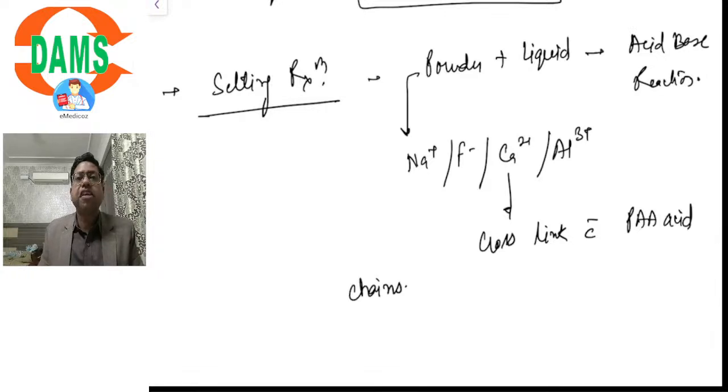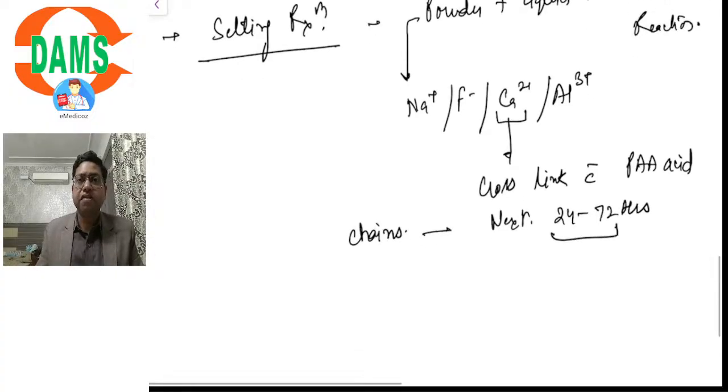The first set of reaction happens due to cross-linking of calcium ions with polyacrylic acid chains, and in the next 24 to 72 hours, meaning 1 to 3 days, these calcium ions are replaced with aluminium ions.